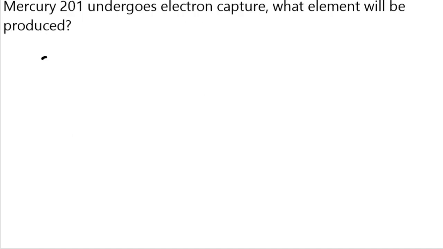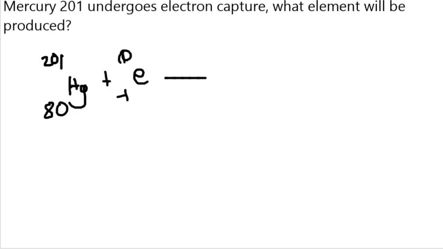Mercury 201 undergoes electron capture. What element will be produced? So we have Mercury 201 here, and this atomic number of 80. So this will undergo electron capture, which is this. You have a negative 1 there. So this is basic.